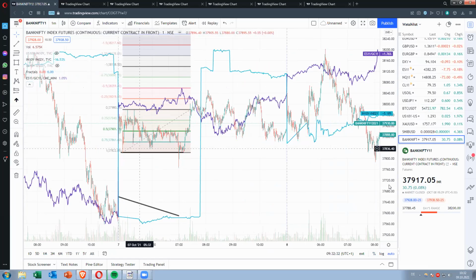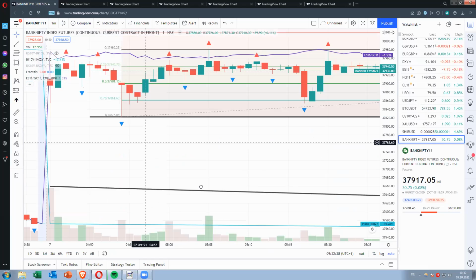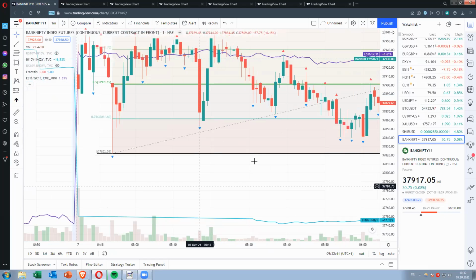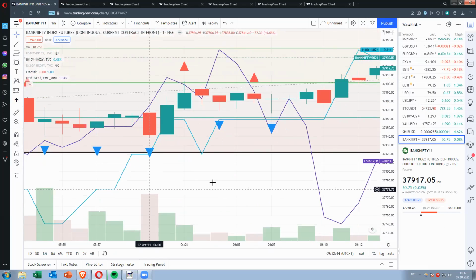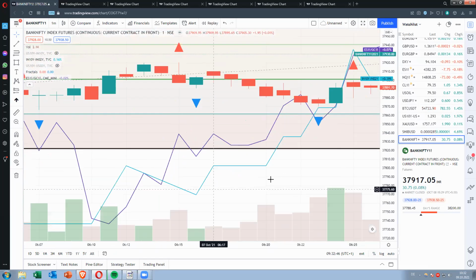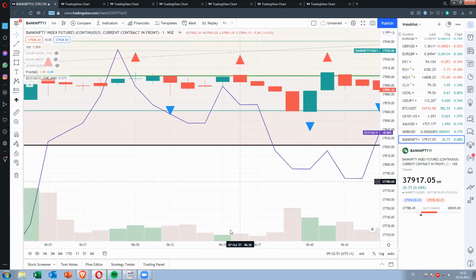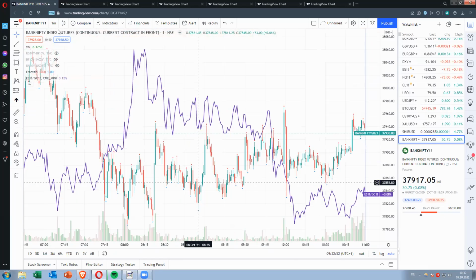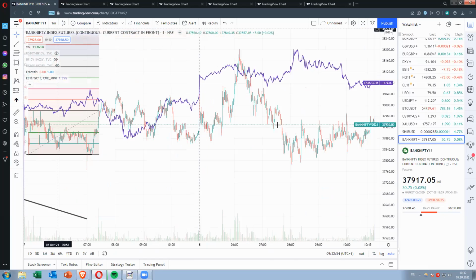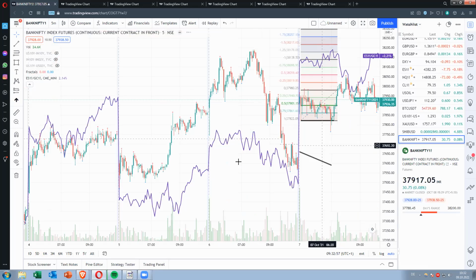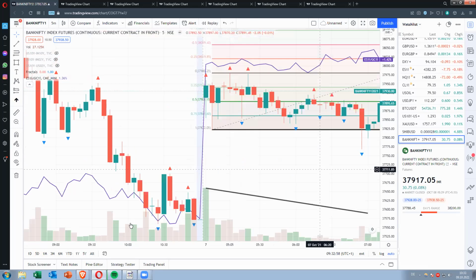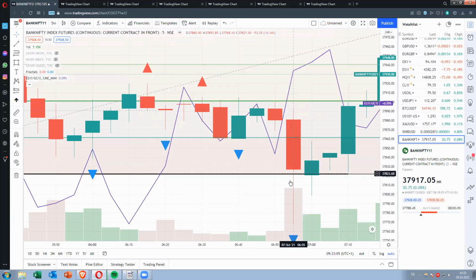When I take the Indians off and just take the risk line, I would like to have it a little bit smoother. It's a 1 minute, so I will use the 5 minute. But you see, price dropped here, right? What I observed is that when this dropped here, this was actually making a higher high.